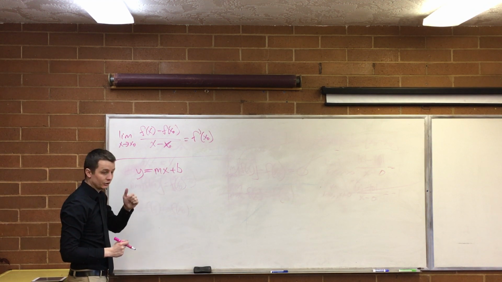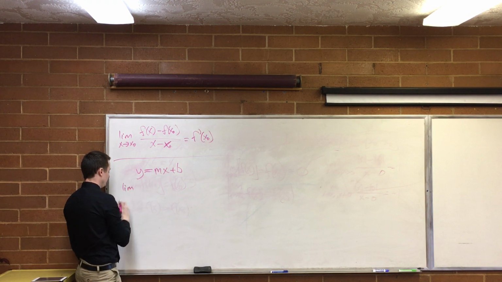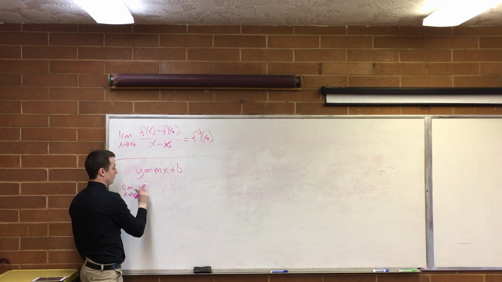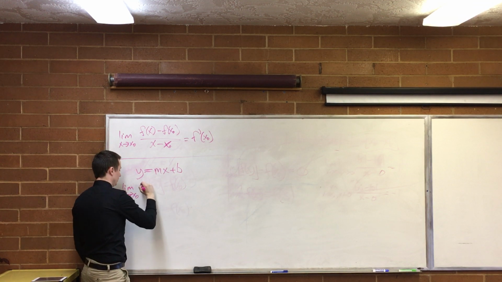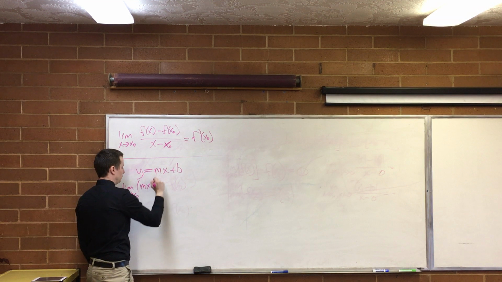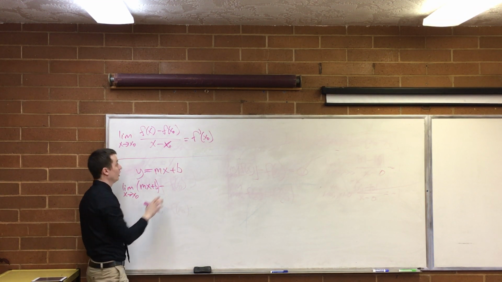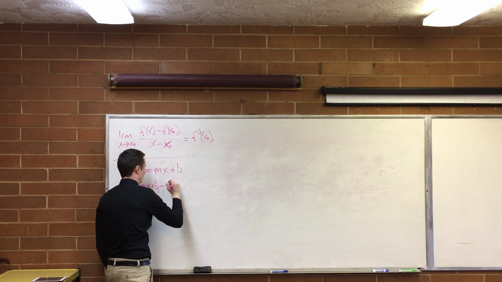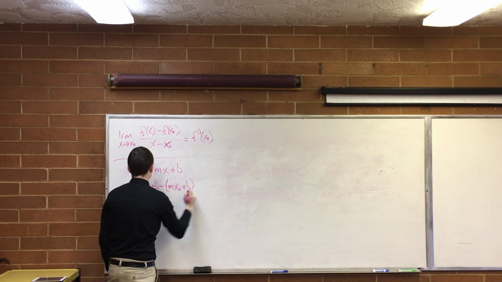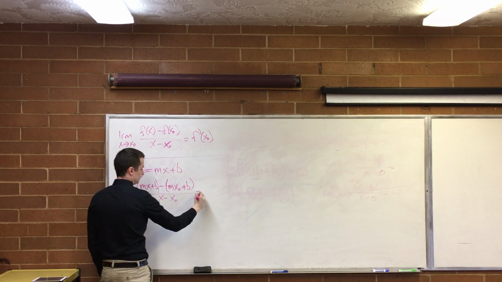So let's calculate the derivative of this function. We need to calculate the limit as x approaches x naught of f of x, which is mx plus b, minus, maybe we'll put parentheses like this, f of x naught, which is mx naught plus b, over x minus x naught.